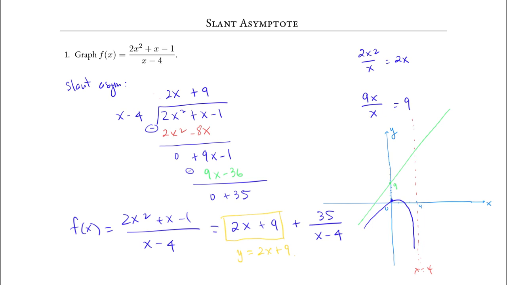And what the slant asymptote is doing is that it helps us sketch the curve by guiding the curve to stay close to the slant asymptote. Notice that as we go all the way to the left and to the right, the graph should stay close to the slant asymptote.